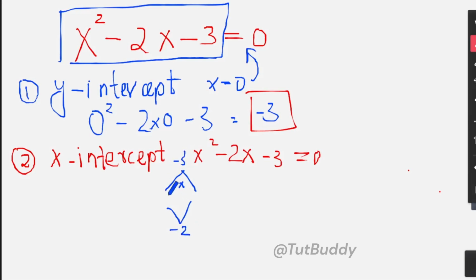So, what are the numbers? 3 and 1. Minus 3 plus 1 will give me minus 2, and minus 3 multiplied by 1 will give me minus 3, right? So your brackets are (x minus 3)(x plus 1).